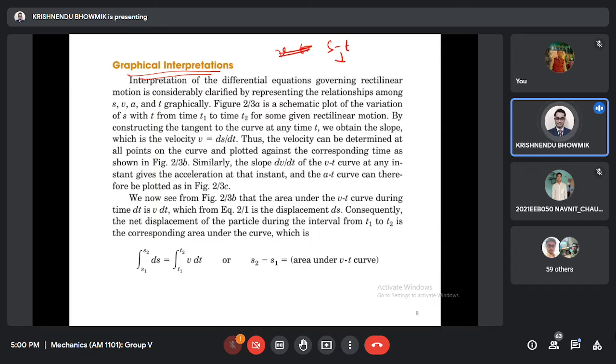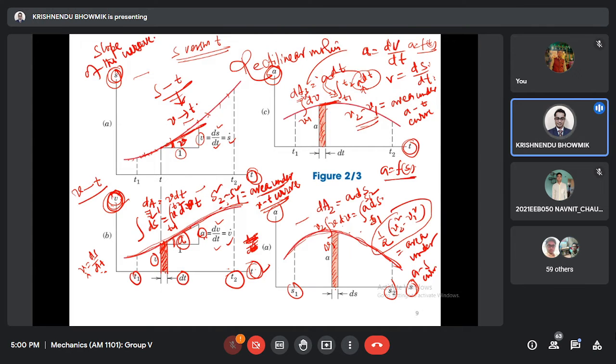At the beginning we got the ST curve, then the VT curve, from V we got the AT curve, and finally the A-S curve. What we have learned is that the change in distance traveled by a particle in a particular time is the area under the VT curve. Then the change in velocity for a certain time interval is the area under the AT curve.